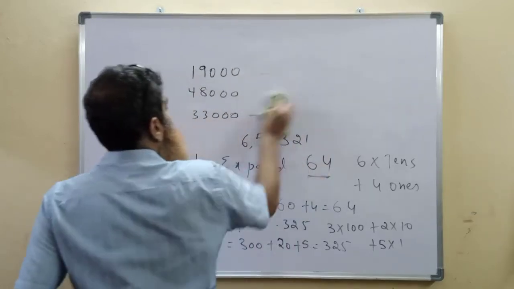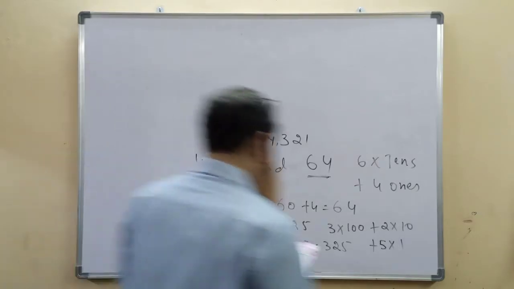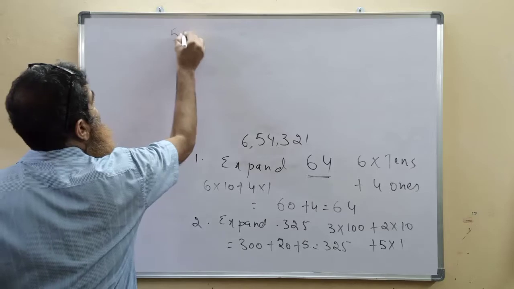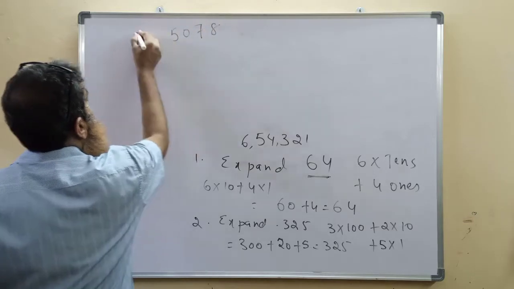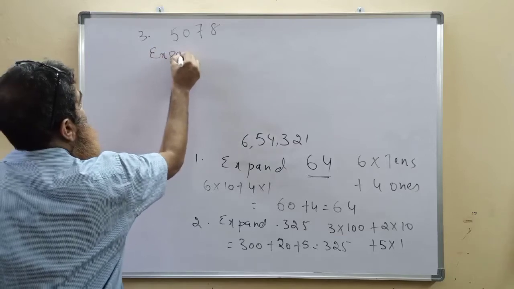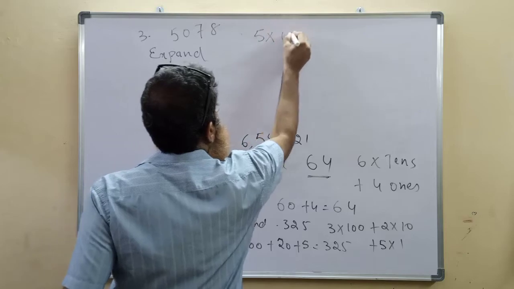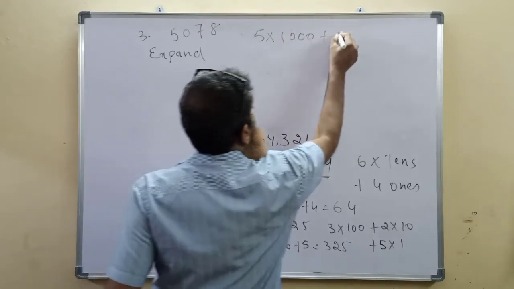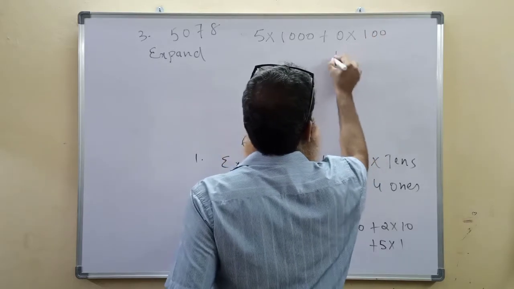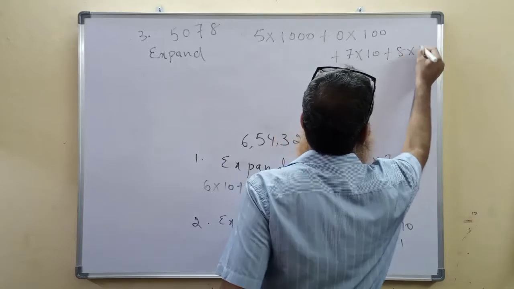Now coming to the third bit. In this series we have a 4-digit number, expand 5078. This is 5,000. 5 into 1,000 plus 0 into 100 plus 7 into 10 plus 8 into 1.